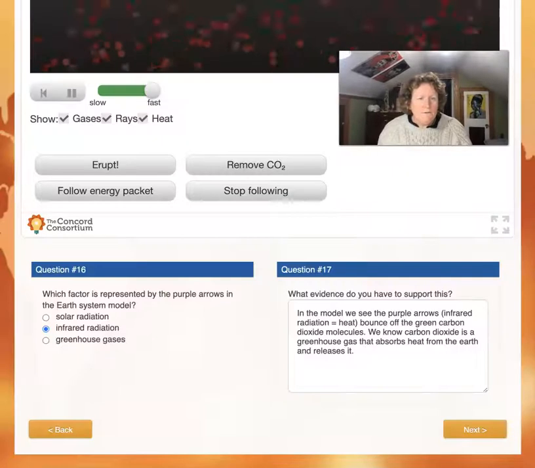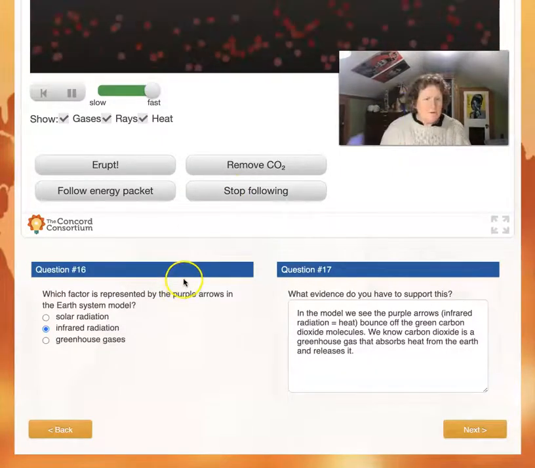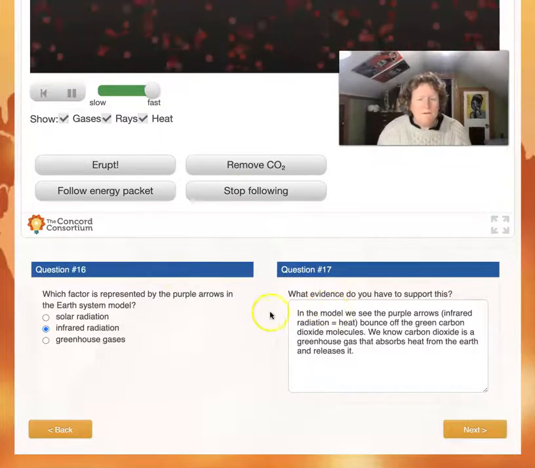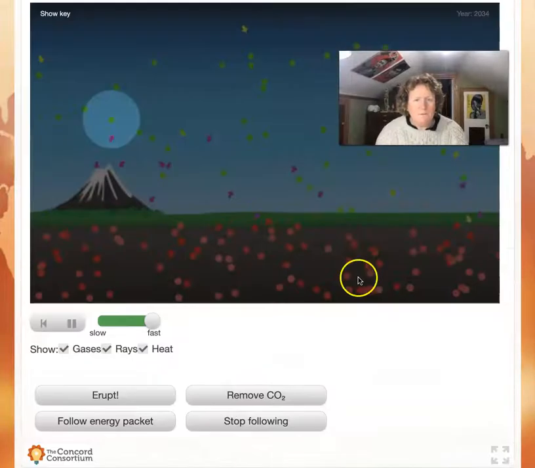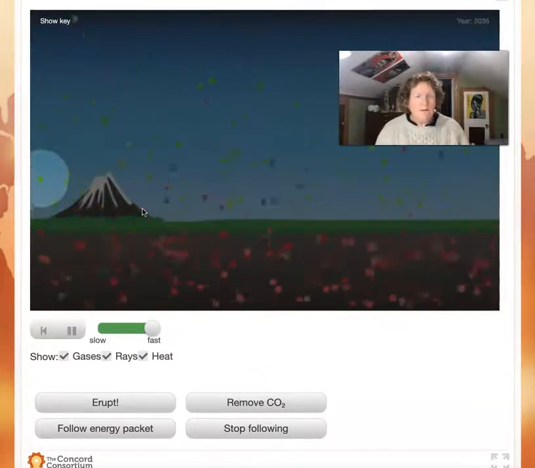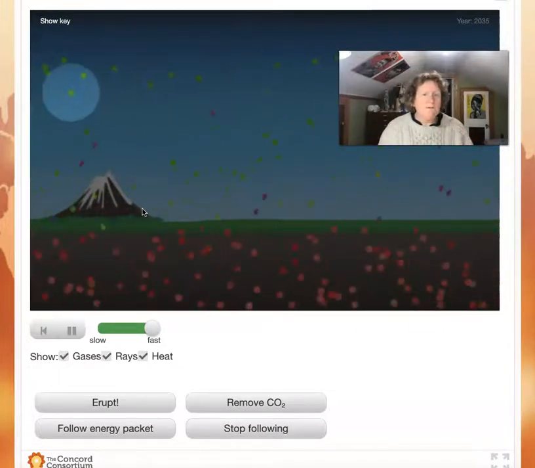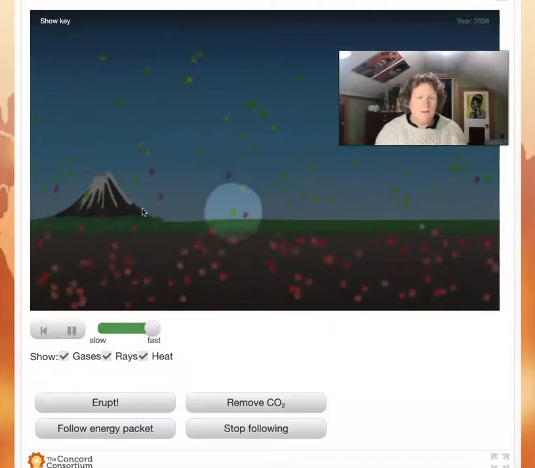So hopefully y'all know at this point that the purple arrows are infrared radiation. What evidence do we have to support that? Well, in the model, we see the purple arrows bounce off carbon dioxide, and we know carbon dioxide is one of the greenhouse gases that absorbs heat and re-radiates it back towards planet Earth.